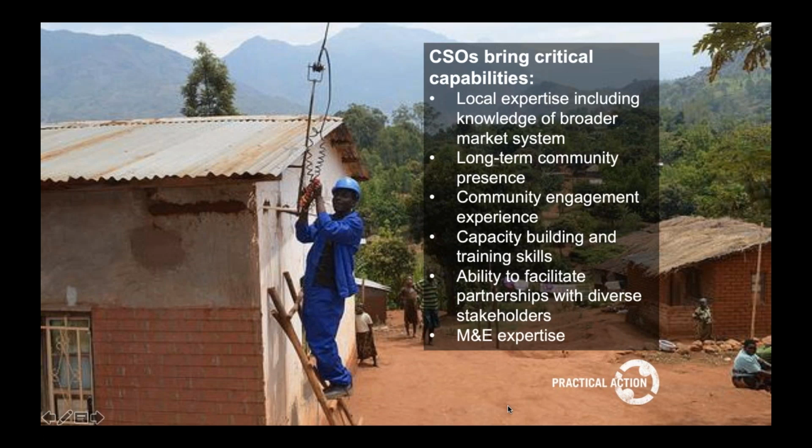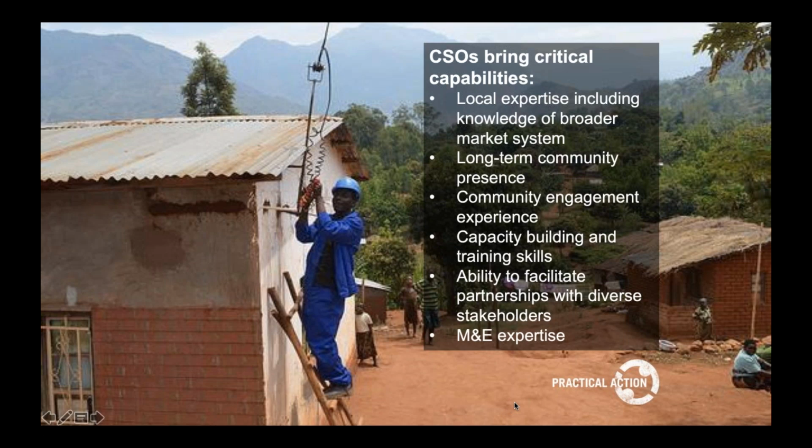For many communities, the starting point when thinking about productive uses is looking at what are the existing products and services and activities in a community, and then how can value be added to those activities through the supply of electricity. Secondly, CSOs often have a long-term presence in a community, which means that they can provide the ongoing support and complementary interventions that are necessary to ensure that productive use activities are sustainable.